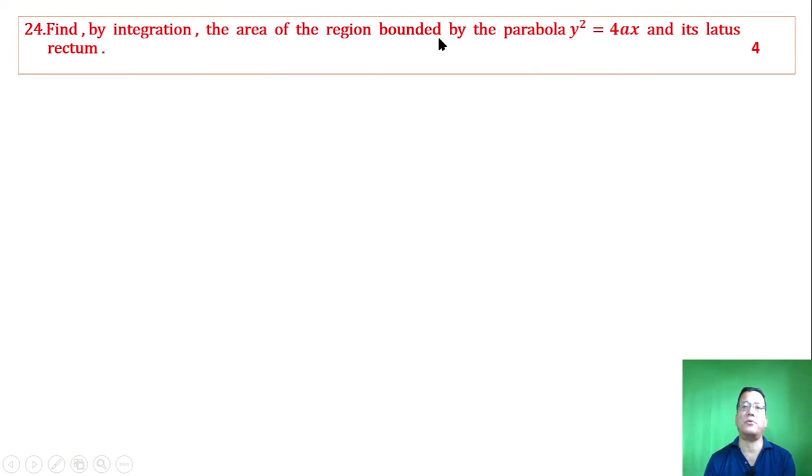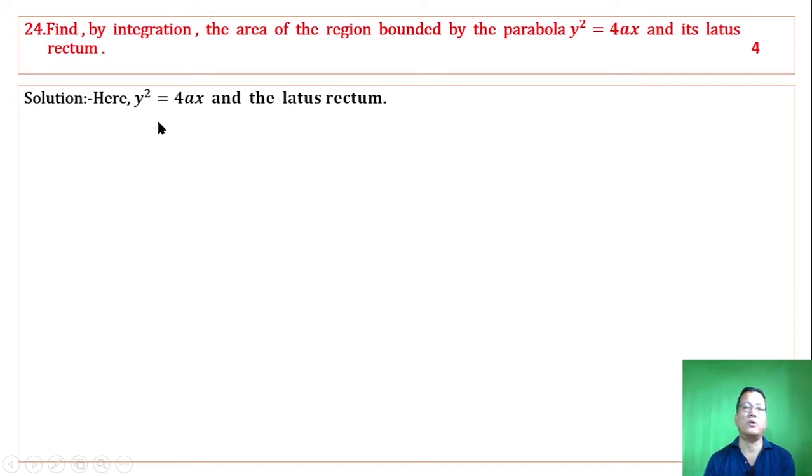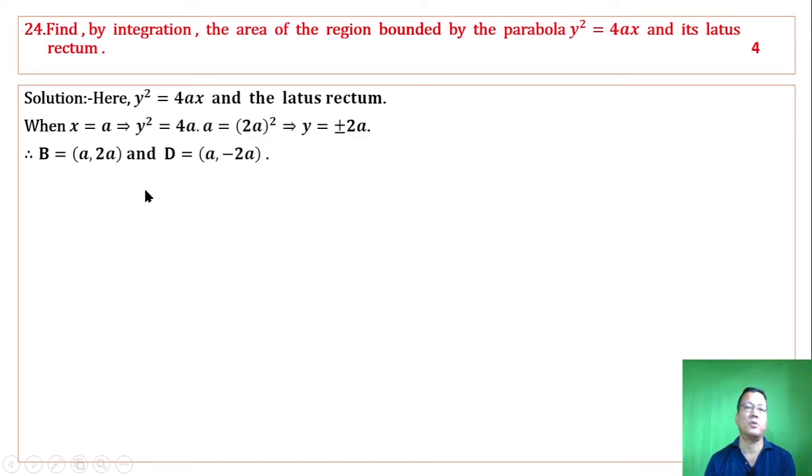Of the region bounded by the parabola y square equal to 4ax and its latus rectum. Here y square equal to 4ax and the latus rectum. When x equal to a, y square equal to 4a into a, that is twice a whole square, which gives y equal to plus minus twice a.